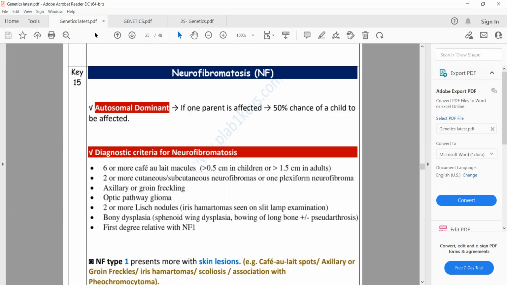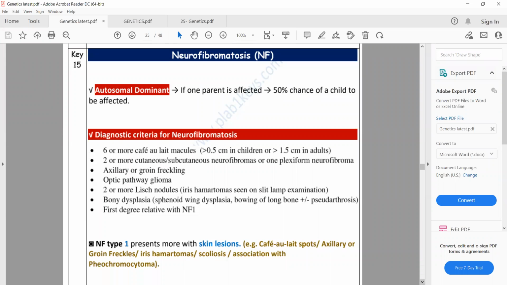Or 2 or more Lisch nodules. What are Lisch nodules? These are basically hyperpigmented nodules that are present on the iris, which can be seen on slit lamp examination. So these are the diagnostic criteria to make a diagnosis of neurofibromatosis.